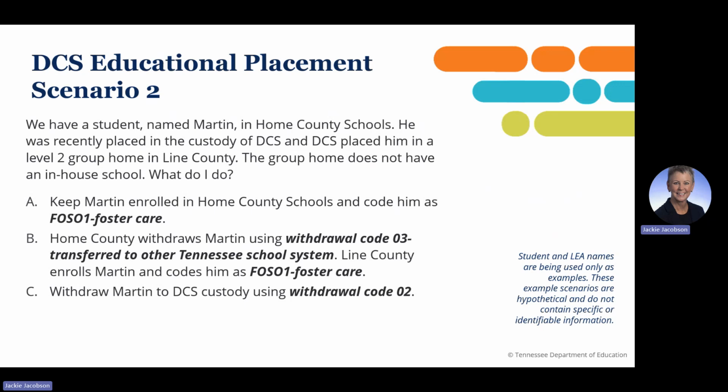B. Home county withdraws Martin using withdrawal code O3 transferred to other Tennessee school system. Lyon County enrolls Martin and codes him as FOS01 foster care. Or C. Withdraw Martin to DCS custody using withdrawal code O2.